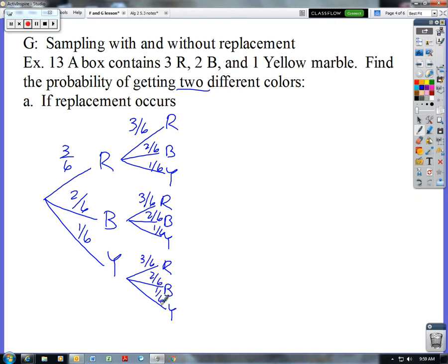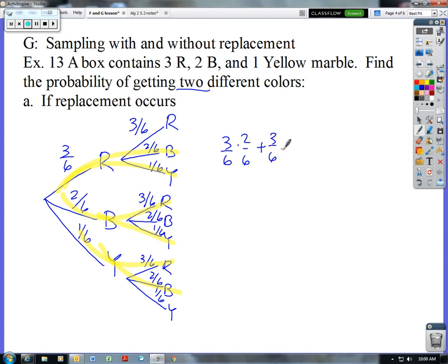Now, it's pretty nice. I'm going to get my highlighter out again and highlight all the ones that have 2 different colors: red-blue, red-yellow, blue-red, blue-yellow, yellow-red, and yellow-blue. I've got 6 different branches I need to multiply. We multiply along branches, and then when you get all the different branches, you add them up together to get the total probability.